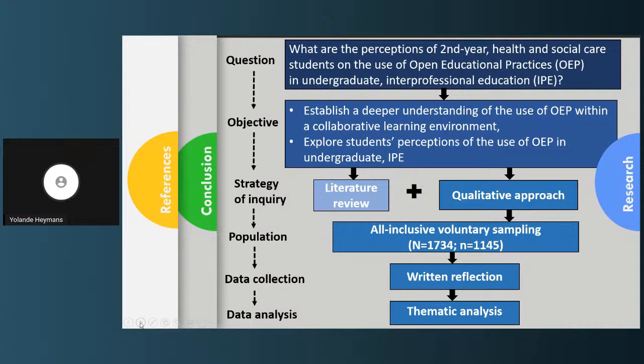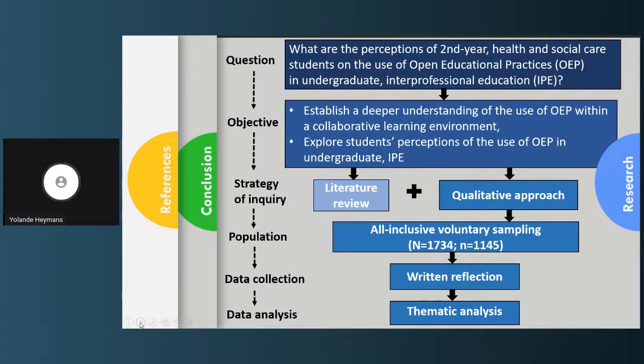So we conducted this small research project, and we wanted to know what are the perceptions of our second year health and social care students when it comes to the use of open educational practices. This includes looking for OERs, adapting OERs, looking for open technologies, looking for open sources, you name it, in their interprofessional education, meaning working collaboratively with members from other disciplines.